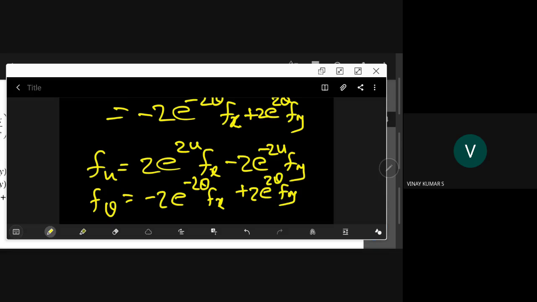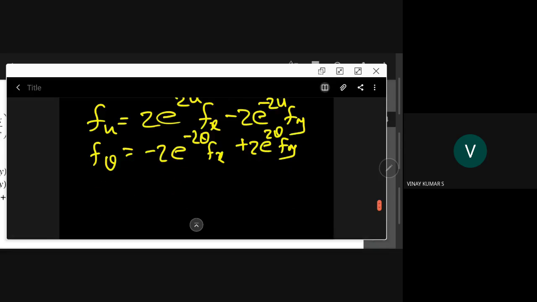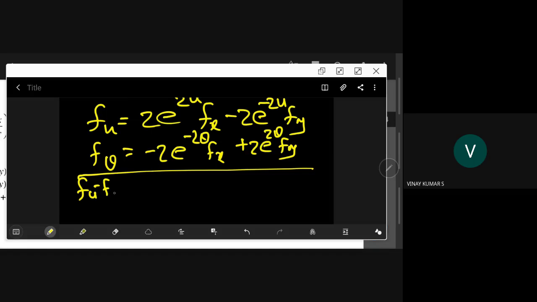Now he is asking for f_u minus f_v. So f_u minus f_v is equal to, so f_x I can take common: 2 will come here, (e^(2u) plus e^(-2v)) f_x.